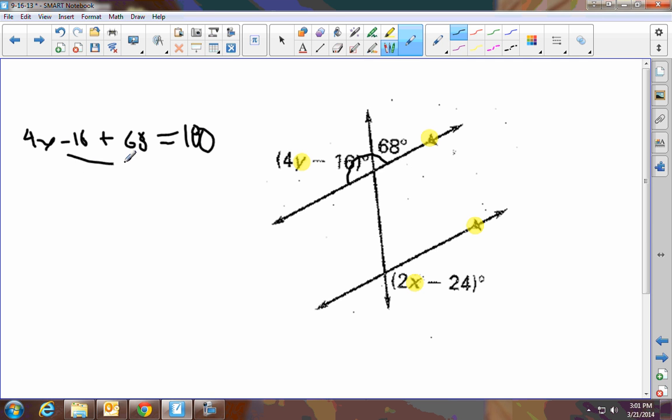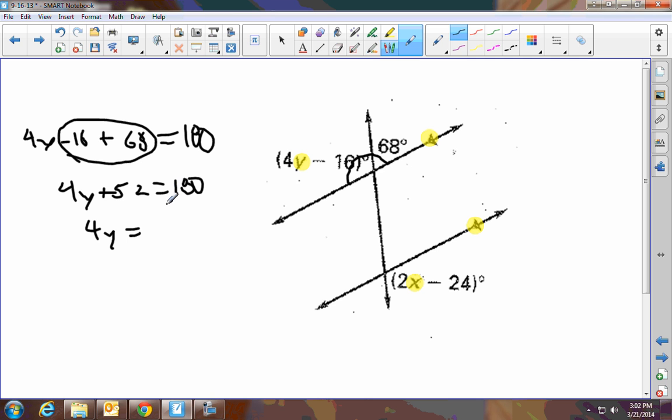Okay? We can combine these two because they're like terms. 68 minus 16 would be, well, let's see, minus 10 would be 58. And minus 6 would be 52. All right. Let's subtract 52 from each side.